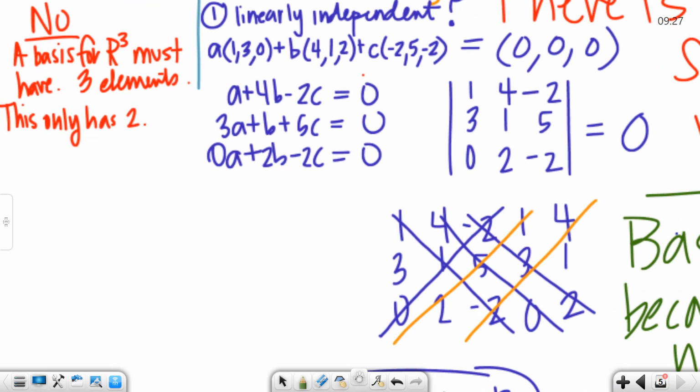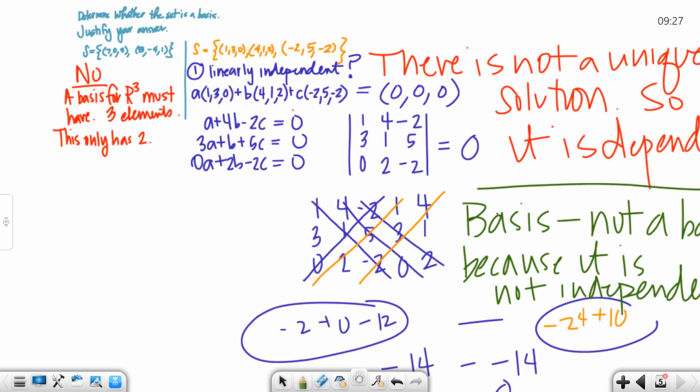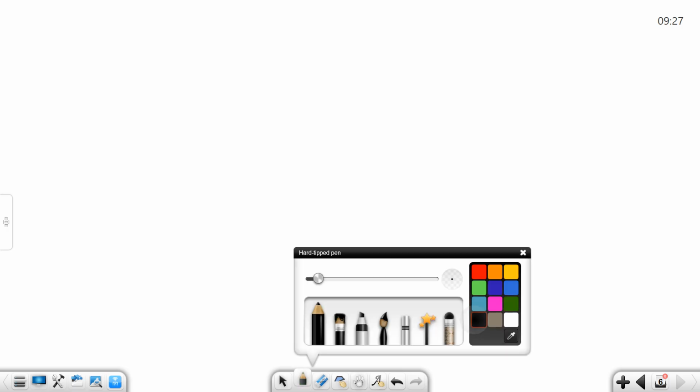All right, so there's one more of those that I want to do. Make it where you can see it. There we go. And it's one of those that is the P2.